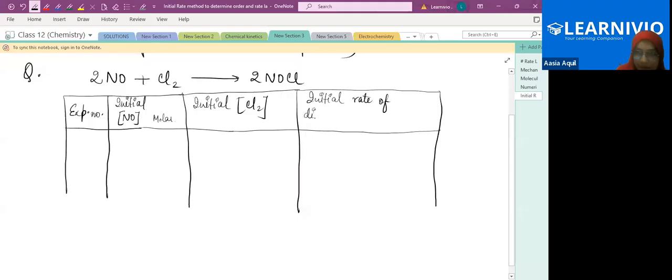The initial rate of disappearance of Cl2 is given. So there are 4 experiments here: 1, 2, 3, and 4.